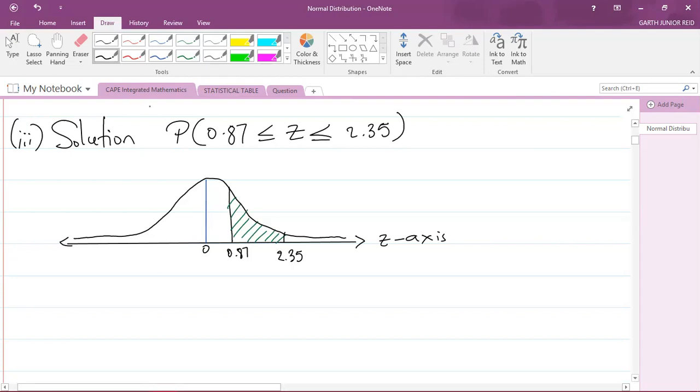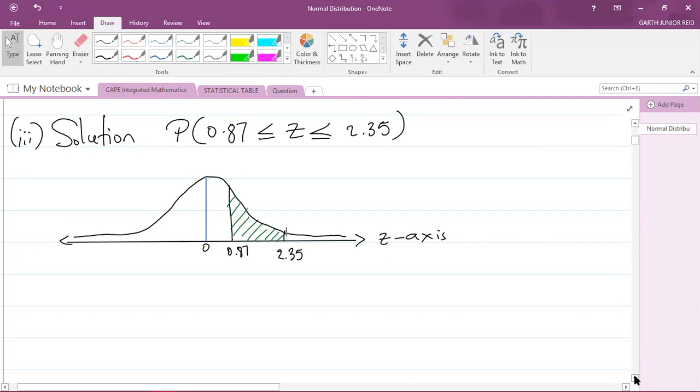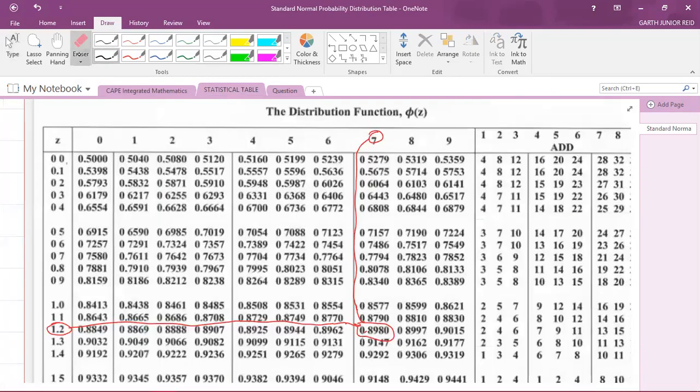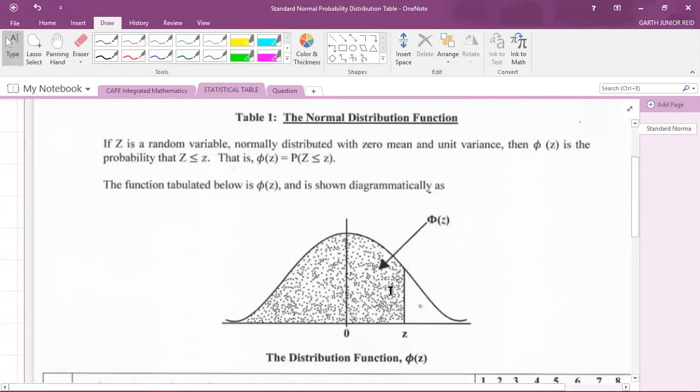Good. Now, how am I going to find that probability? Remember the table here. All right, let me just erase this. Remember the table here. Let's go back to the shading above. It gives me the values to the left of the z value.